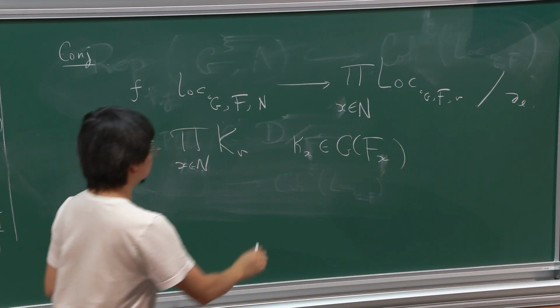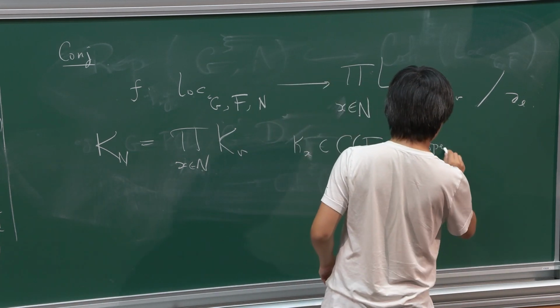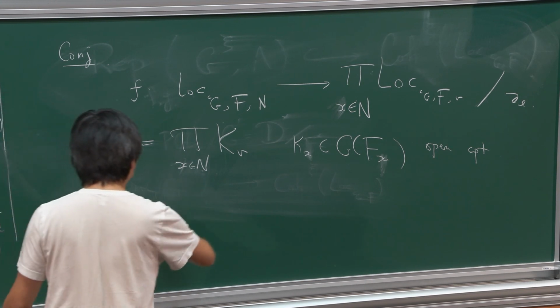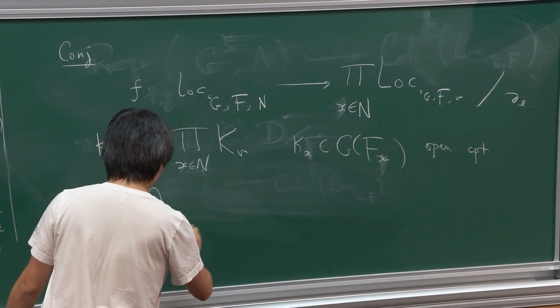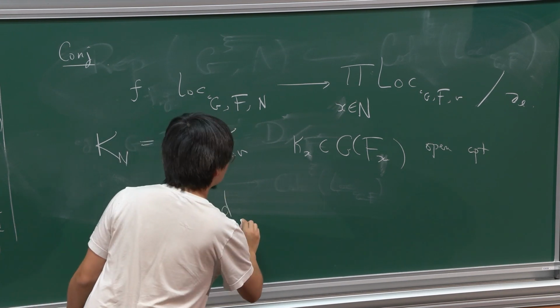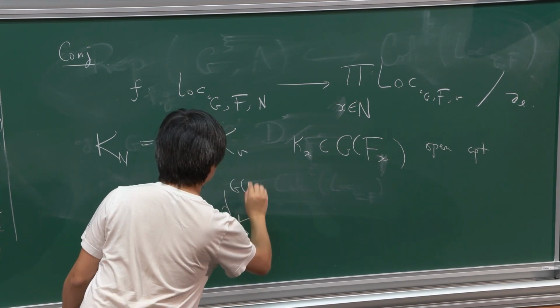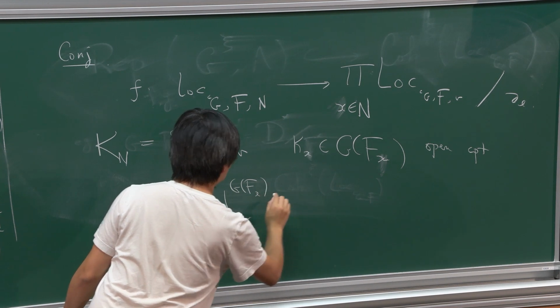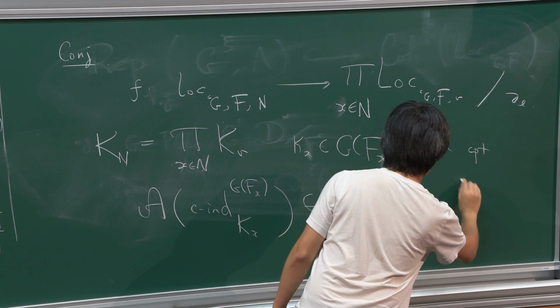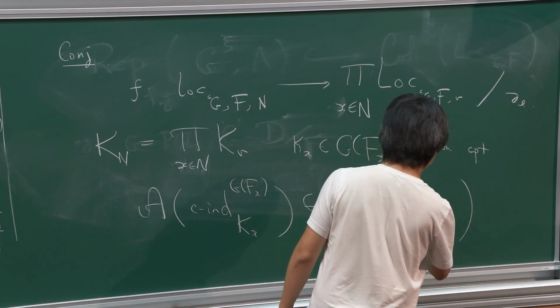And then, according to the local conjecture, you get this coherent sheaf here.